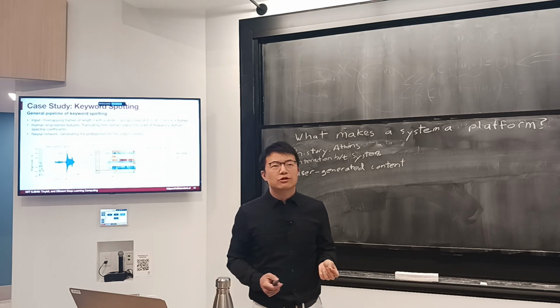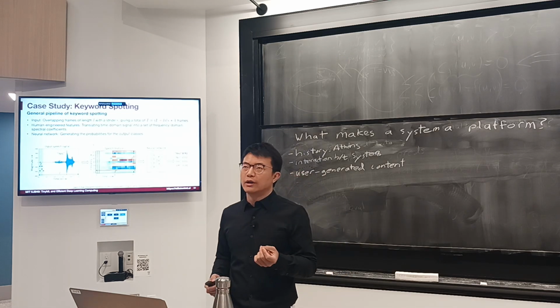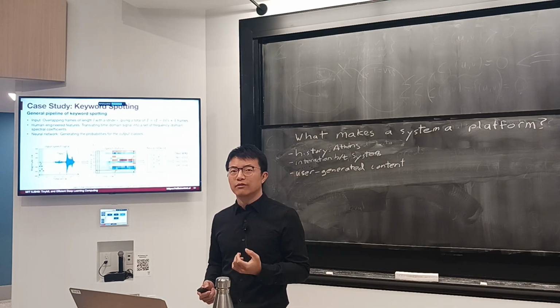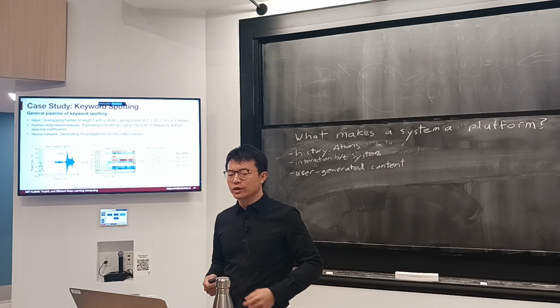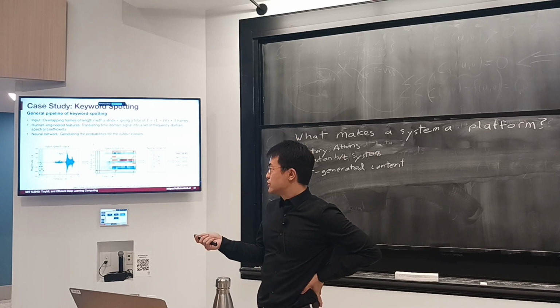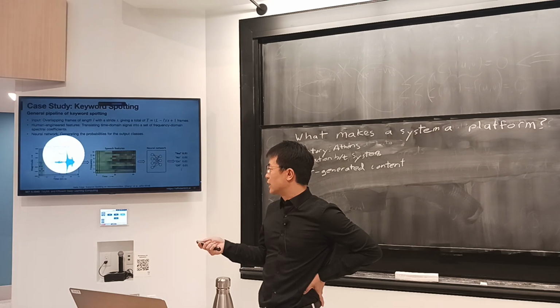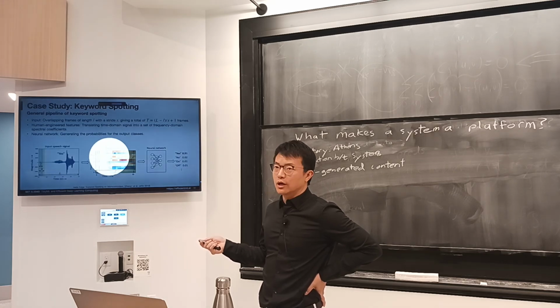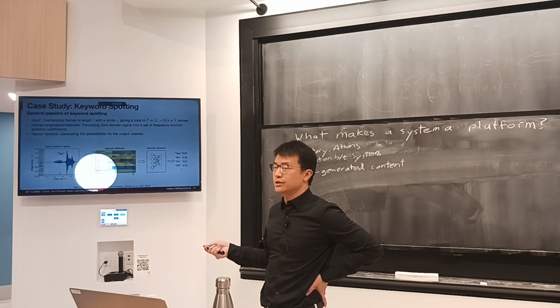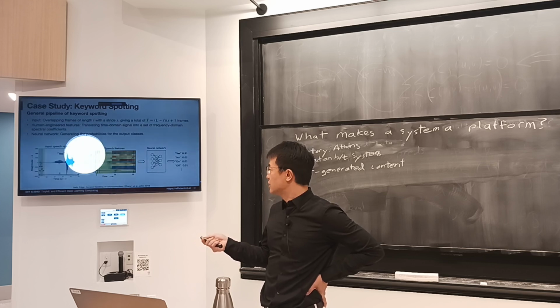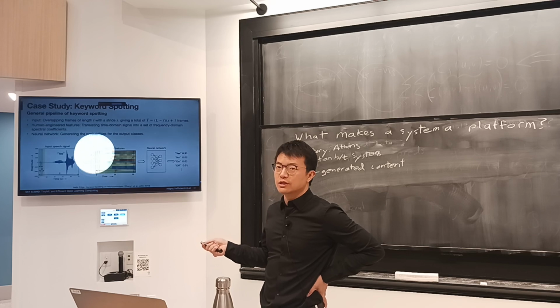And actually we can turn this audio problem into a visual problem, because we can convert the speech signal, okay, like here it is, into the 2D feature map. Okay? The x-axis is the time dimension, the vertical dimension is the frequency dimension, okay?